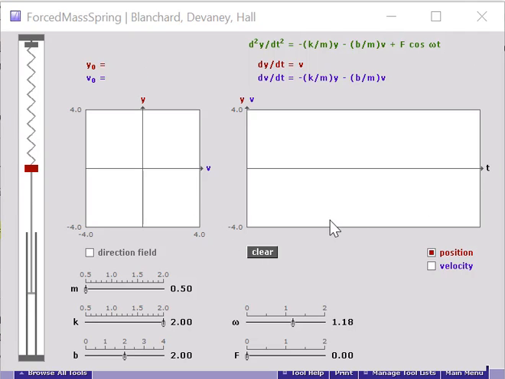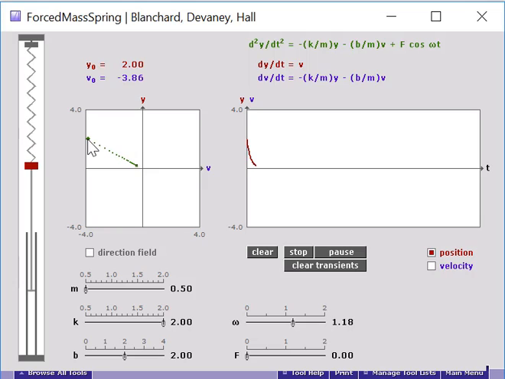For this system, the repeated eigenvalue is negative 2, and the associated eigenvector is along the line y equals negative 1/2 v. So if I get as close as I can to that line, 2, negative 4, I should get a solution that tends right to 0 on that line. Again, I'll try and get as close as I can, right about there. And so this is our one straight line solution.